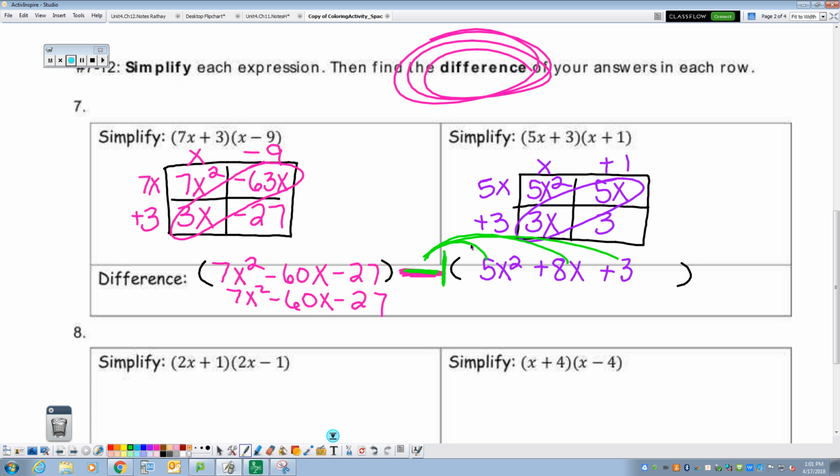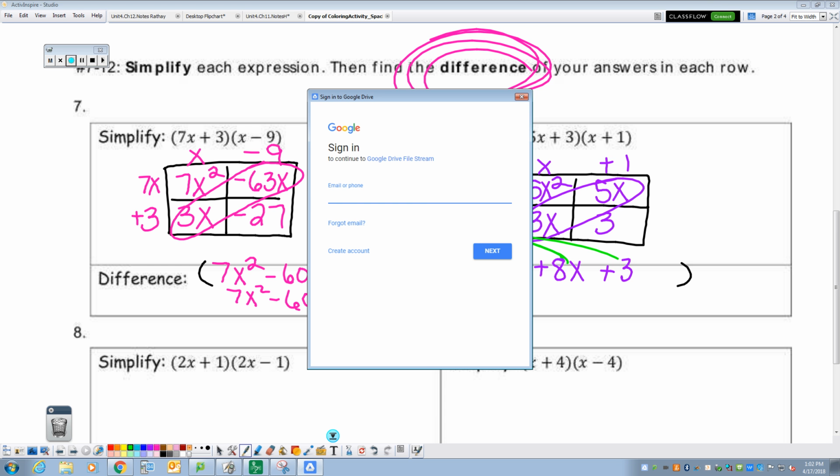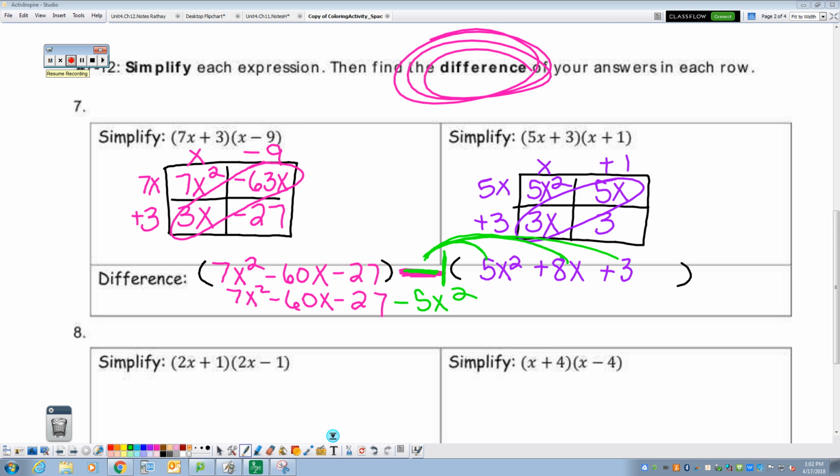When we do that, we get minus 5x squared. Negative 1 times 8x gives me negative 8x. Negative 1 times positive 3 gives me minus 3.